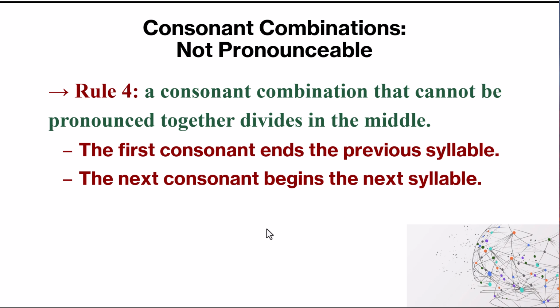So here's an example. Embino. Notice that mu and beta, they are not a pair that can be pronounced together. And so we have the first syllable m ending with the first consonant, the next syllable bi beginning with the second consonant. So m, bi, no.